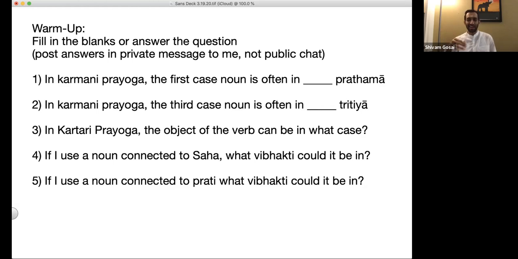We call that saha Tritiya. Number five, if I use a noun connected to prati, what vibhakti could that be in? It's a non-karaka vibhakti. So Dutiya, definitely Dutiya connected to prati.